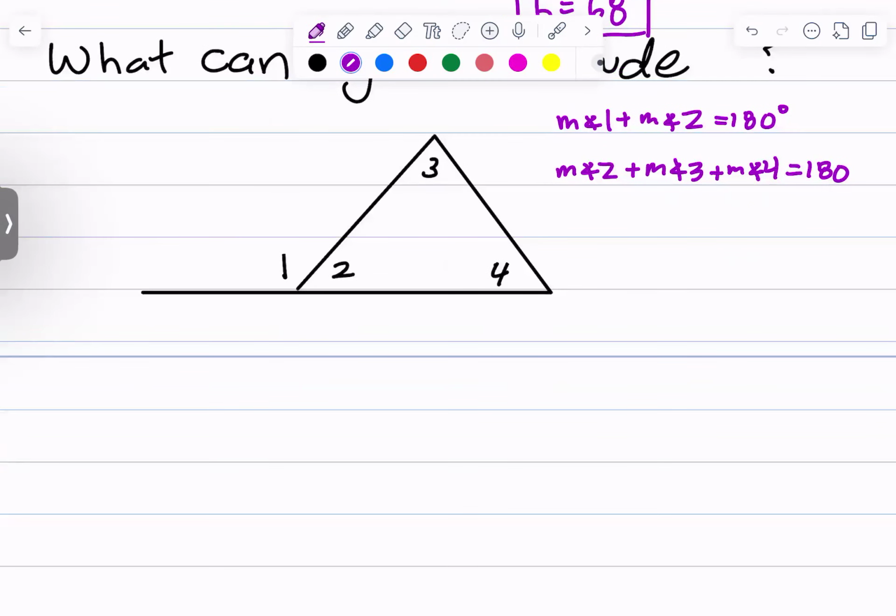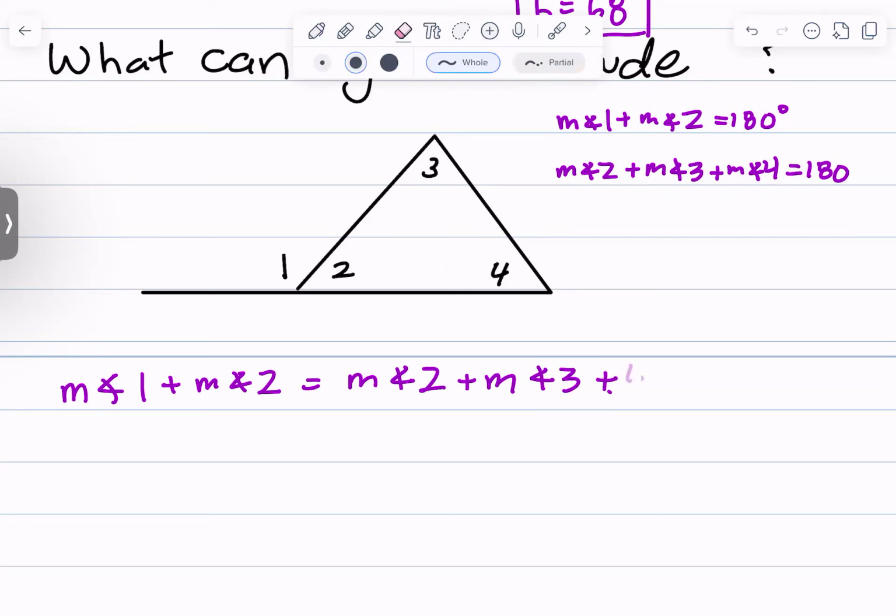So if I get those two equations and I set them equal to each other, measure of angle 1 plus measure of angle 2 equals measure of angle 2 plus measure of angle 3 plus measure of angle 4, right? We can set them equal to each other because I know angle 1 plus angle 2 is 180 because they're linear pairs.